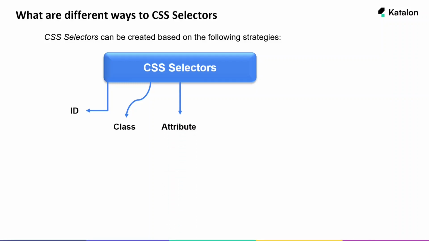CSS selectors can also be created by using different attribute values, by using substrings, and there is another method called combining attributes. That means you can create CSS selectors by combining attributes.